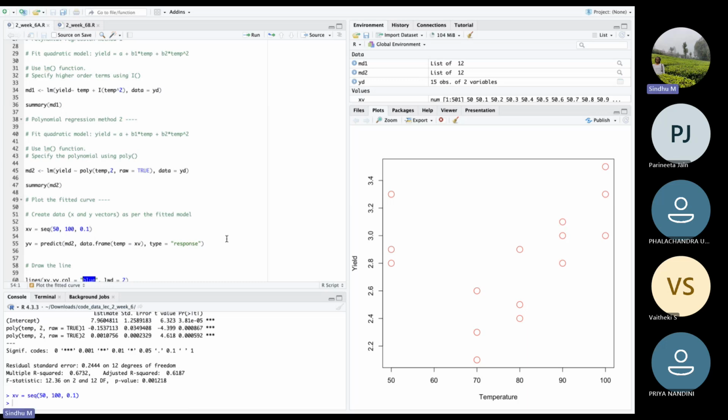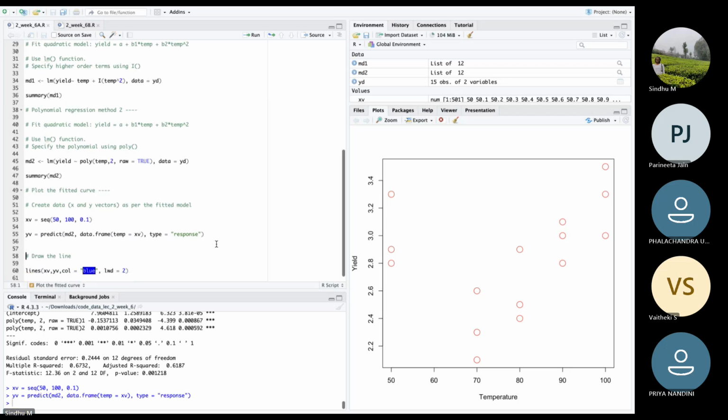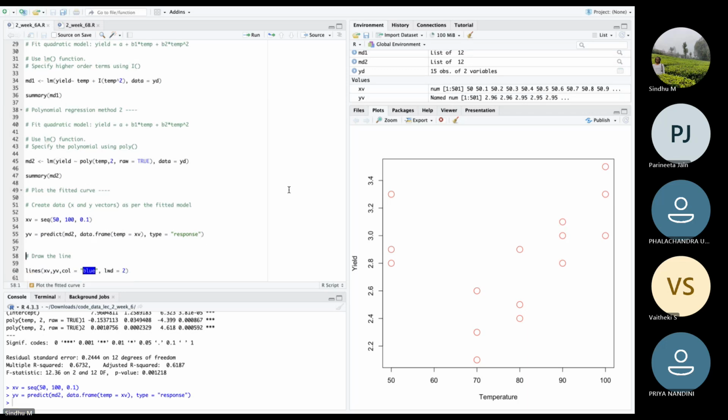So now we have got the model. Now the next step would be we can try to create a vector and predict it. So this XV is the input vector, or the X vector, that we are trying to predict. So in the model, these are the points.